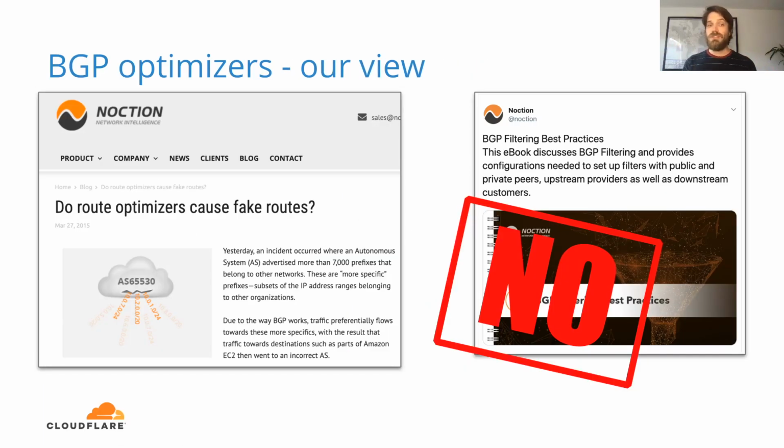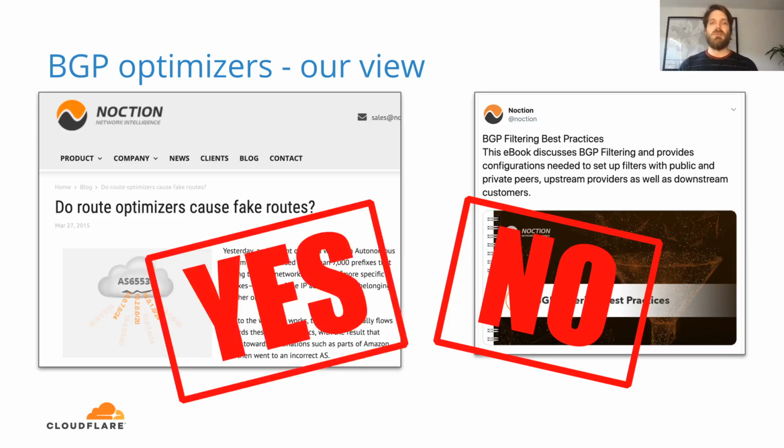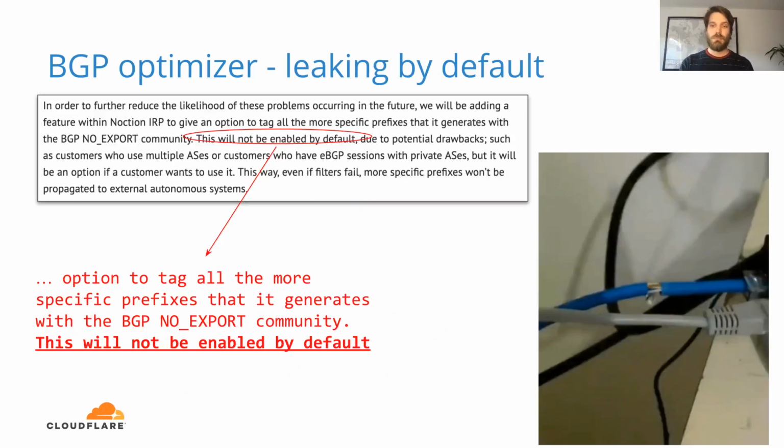So the main cause of this, as mentioned, are BGP optimizers. We don't agree with BGP optimizers and how they work. And we definitely don't believe that BGP optimizer companies know what they're doing, which also means that they really shouldn't be publishing best practices for BGP filtering. What we do believe is that BGP optimizers cause fake routes.